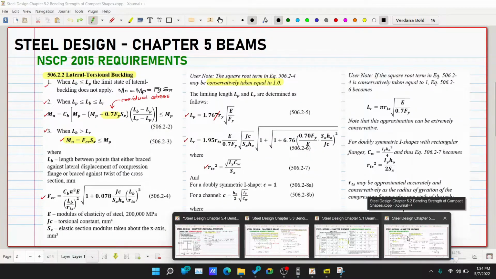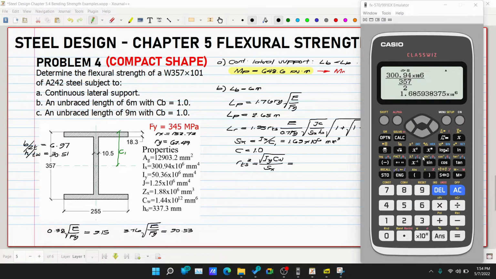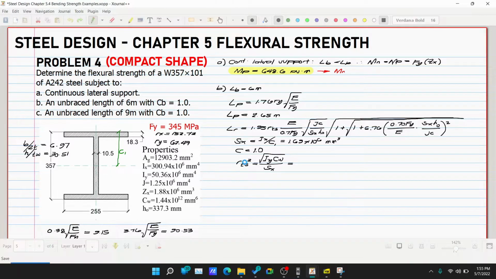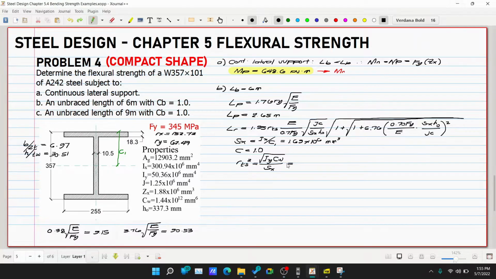Double check natin. Okay, RTS. So, square root of IY, 50.36. Sorry, medyo nag-loko yung mouse natin. Ayan.